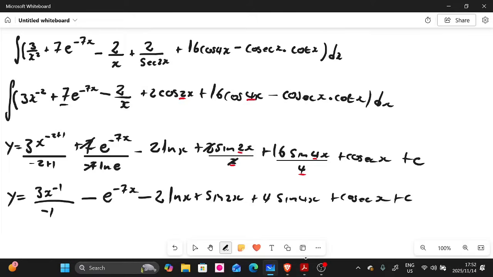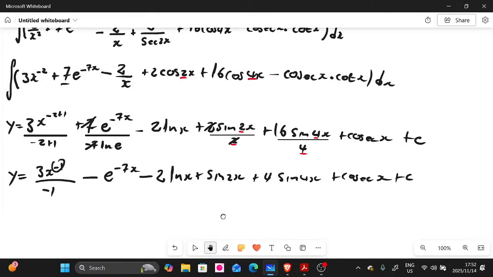But try to get rid of this negative exponents there. So let me add another extra step there. But that is our answer there, by the way. That is our answer. So if you get rid of those negative exponents, this is going to be negative because we divide by negative 1. Negative 3 over x, because this is negative 1. So it becomes to the power of positive 1.